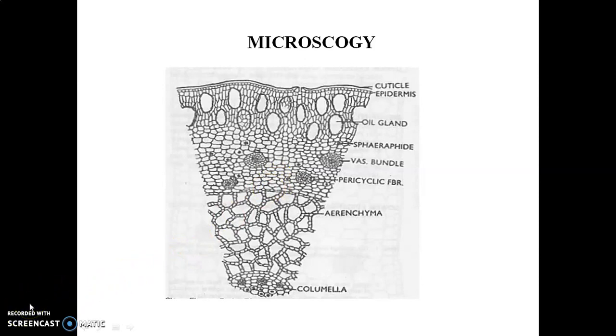While performing the microscopy, the staining reagents which are used for the clove flower bud include phloroglucinol and concentrated HCl, which give a pink color to the vascular bundles and the fibers present in the middle zone. Then Sudan Red 3 is used for staining the cuticle as well as the oil globules.